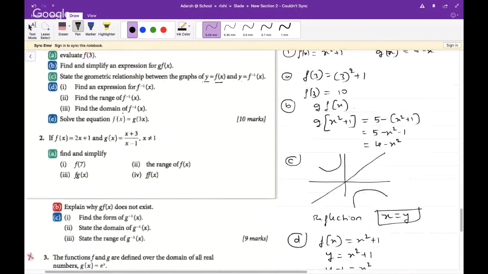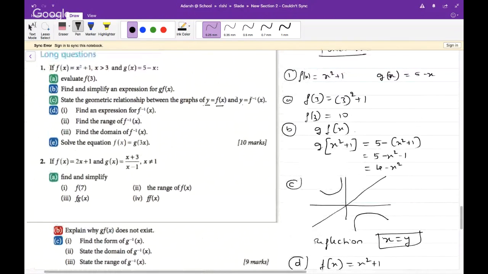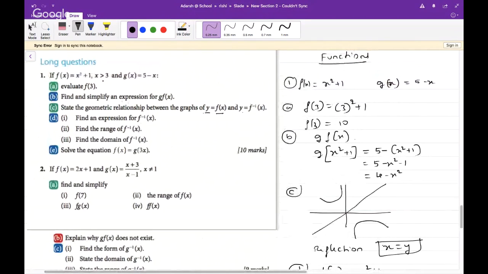Next part of the question. Find the range of f inverse of x. Now the x value is supposed to be greater than 3, so all the possible outputs will always be greater than 3.